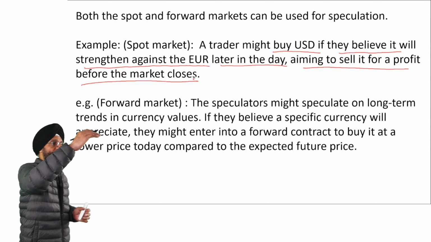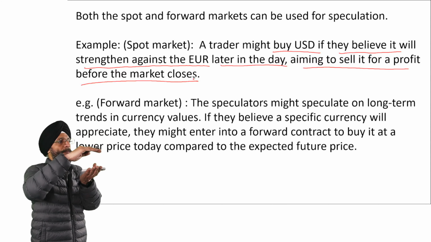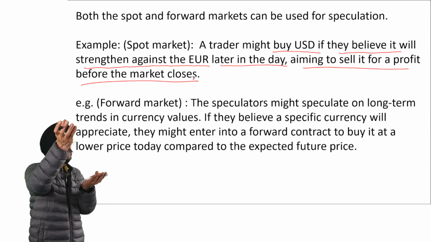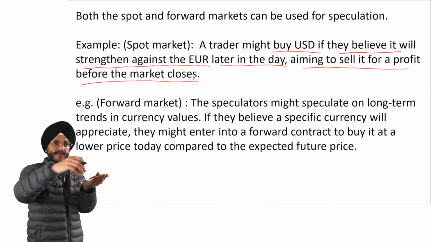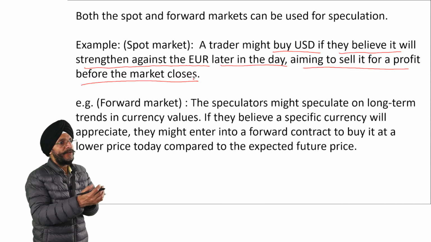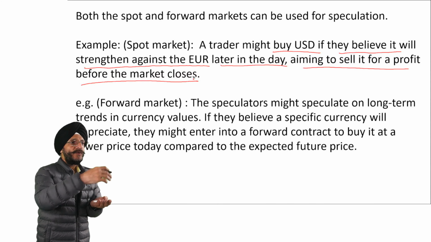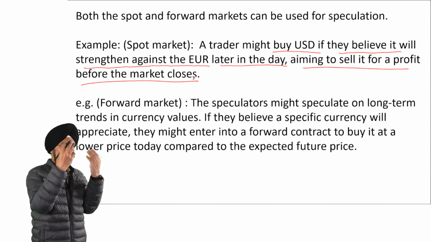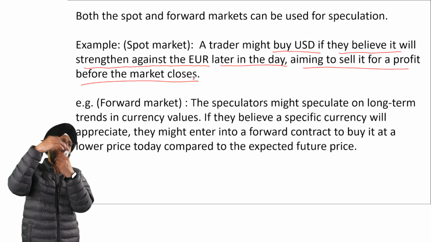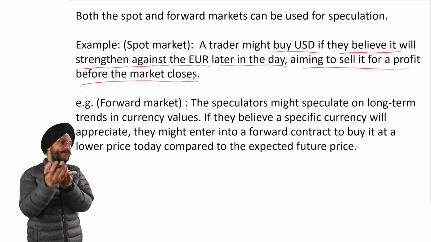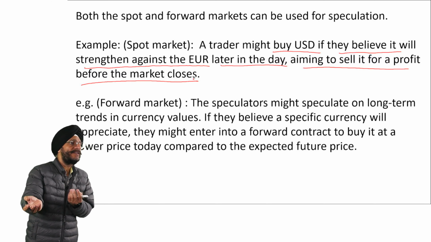It means that the forex market has just opened and we think that the price of the other currency will rise in the later half of the day. We may buy the currency and we will sell it. We are speculating. We think that it will increase, so we will buy the currency and sell it in the second half of the day.